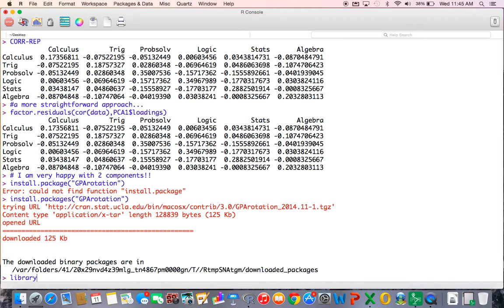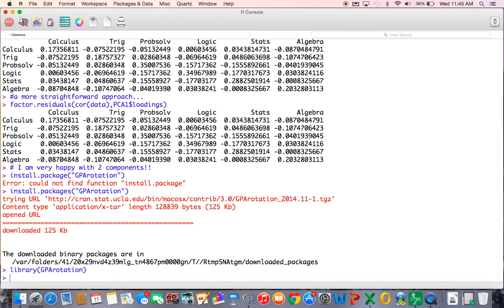Let's access the library. Okay, now I'm going to run my second model, so I'm going to call this PCA 2. And I'm going to use principal just like before, still data, with my two factors.